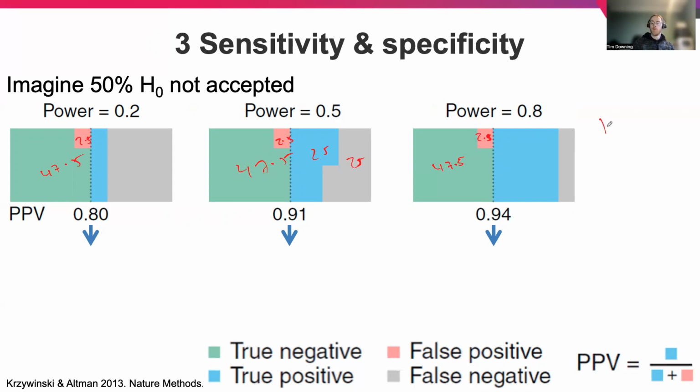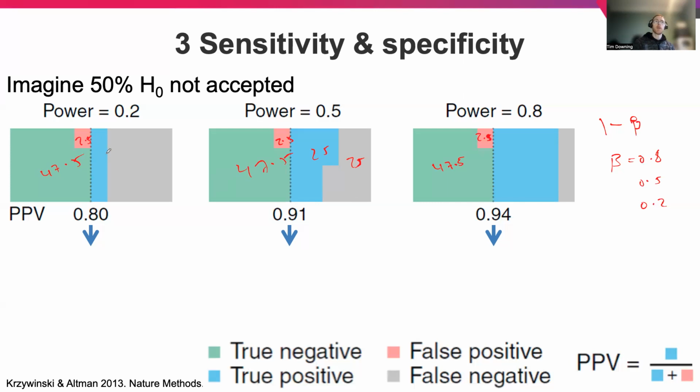Remember, power is 1 minus beta. So our beta value changes each time. So in the first time, that means beta's 0.8. Then the next one is beta's 0.5. And then on the right-hand side, beta is 0.2.